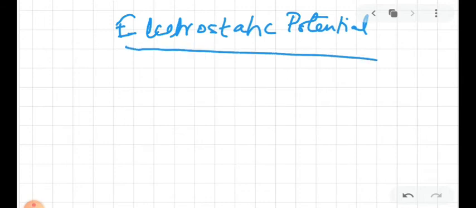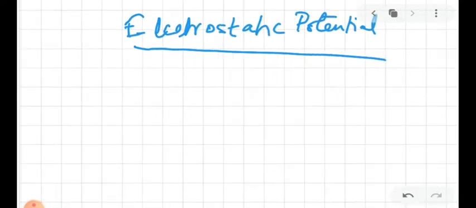So, electrostatic potential is a very important concept, actually a central concept in physics, especially in electricity and magnetism. The term potential is a very commonly tossed around term in physics.